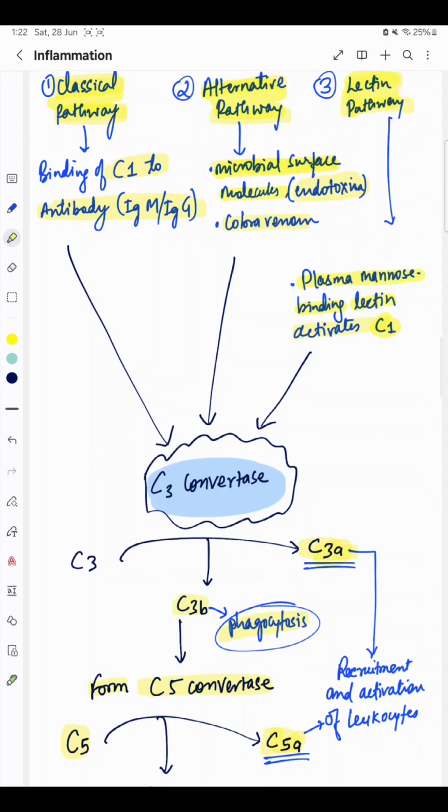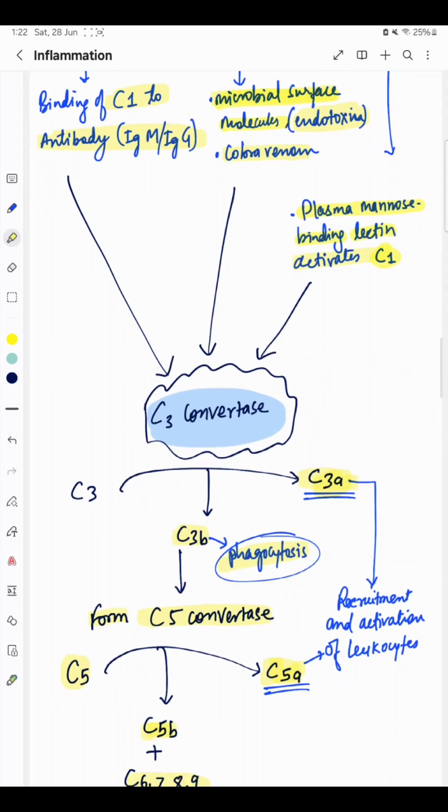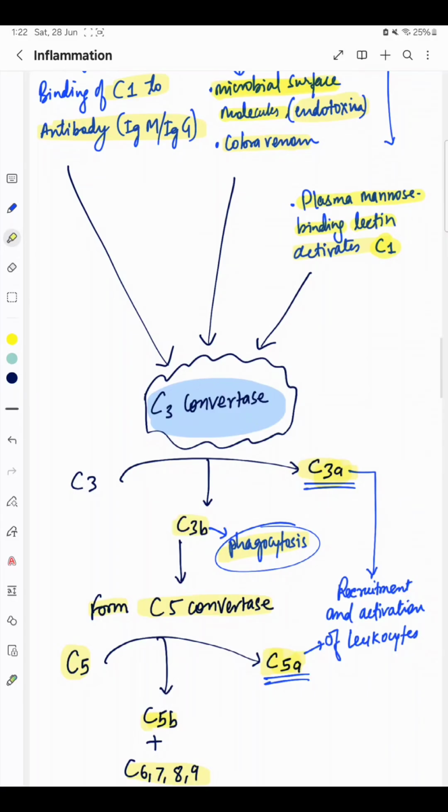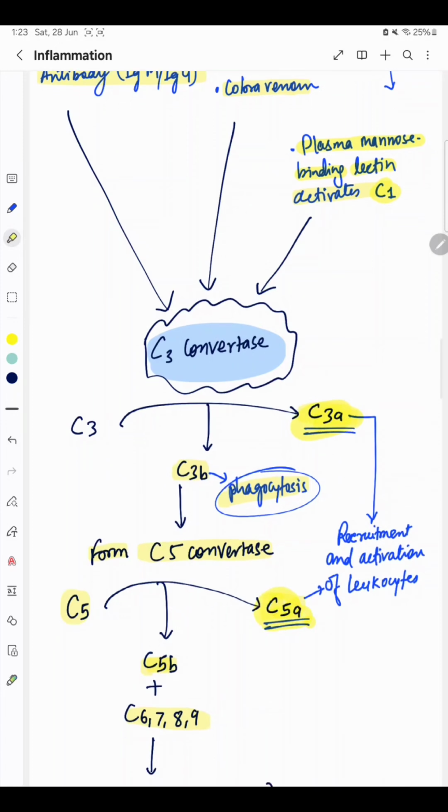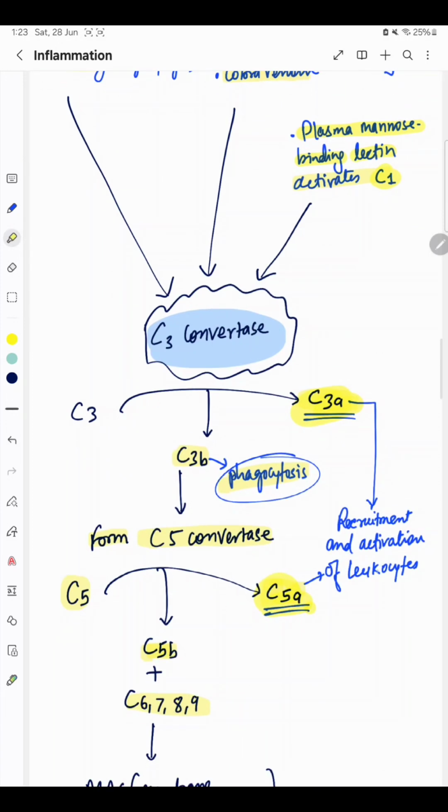C3 convertase proteolyzes C3 into C3a and C3b. C3b forms C5 convertase with the help of other complement, and the C5 convertase proteolyzes C5 into C5b and C5a. C3a and C5a recruit and activate various leukocytes.